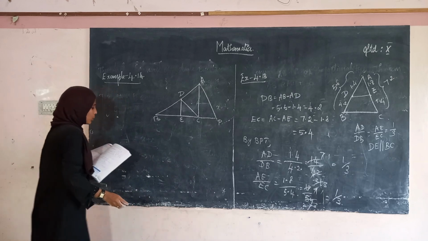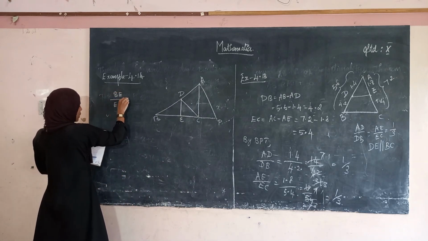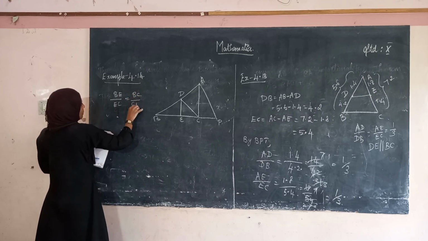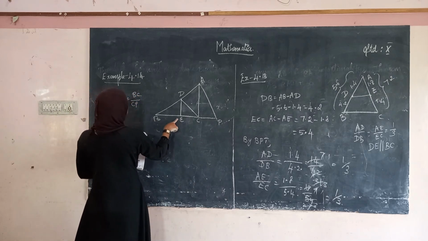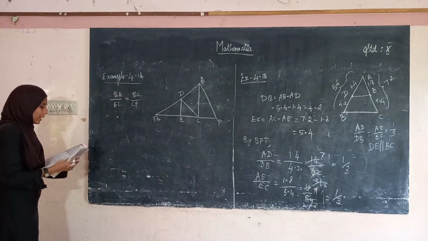What you have to prove is that BE divided by EC is equal to BC divided by CP. That is, BE divided by EC is equal to BC divided by CP. You have to prove that.